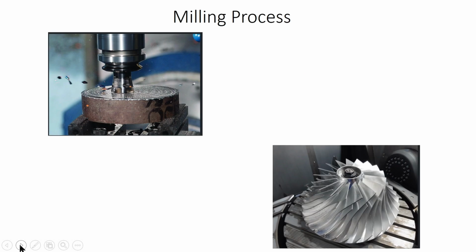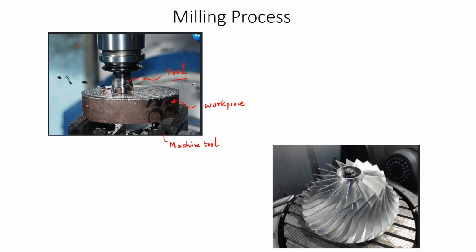In our previous lectures, we have seen the milling process. In the milling process, we are using a rigid body, that is the tool. The strength of the tool is much higher than the workpiece. There is a relative motion between the tool and the workpiece, and the mechanism or machinery which is providing the relative motion between the tool and the workpiece is called the machine tool.